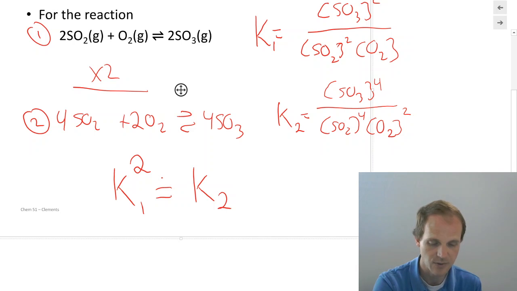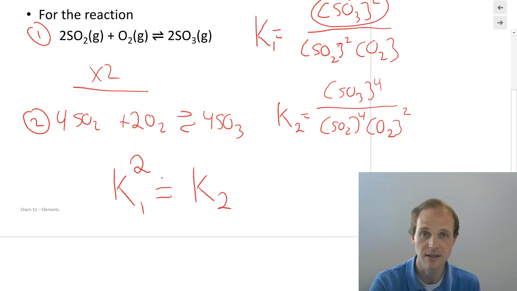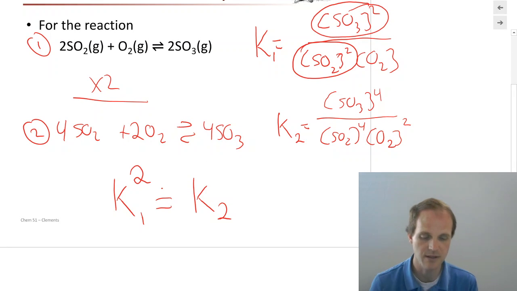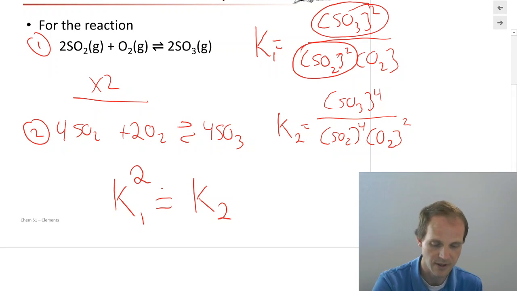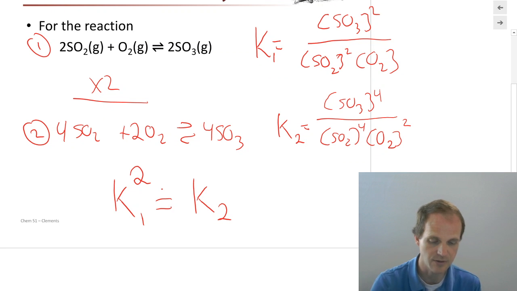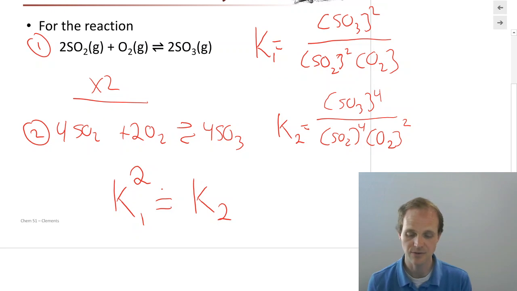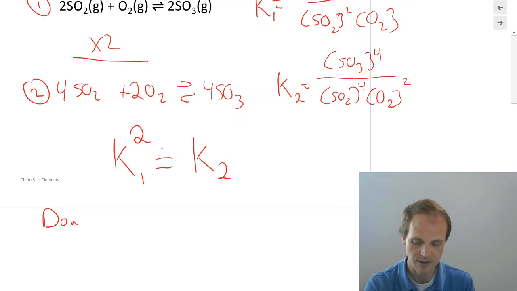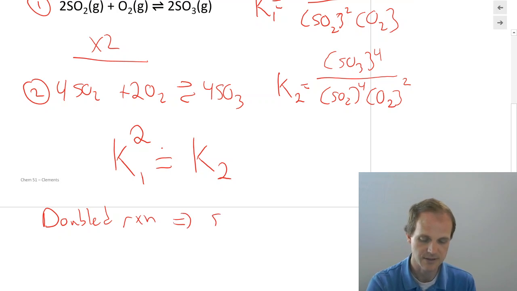If I square SO3 squared, I get SO3 to the fourth. If I square SO2 squared, I get SO2 to the fourth. And if I square O2, I get O2 squared, and that's my K2 value. So when I doubled my reaction, what did I do? I squared my K.